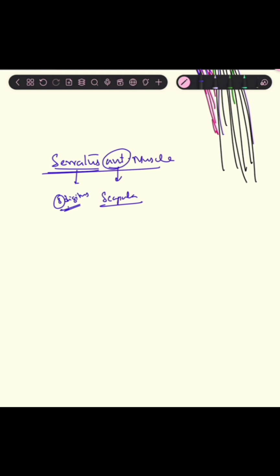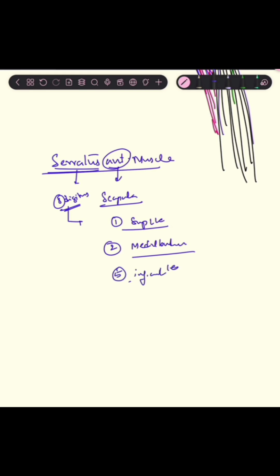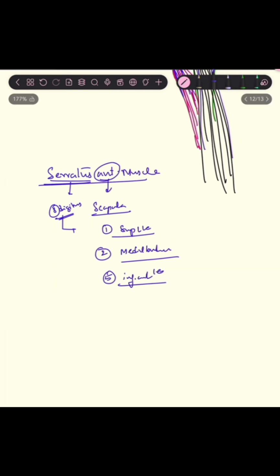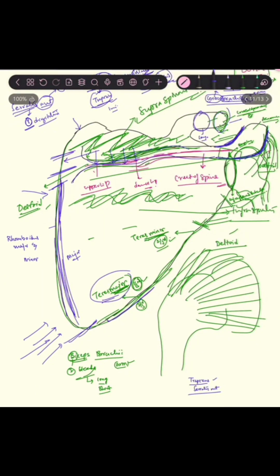These 8 digitations are 1 digitation to the superior angle, 2 digitations at the medial border, and 5 digitations at the inferior angle. Totally 8 digitations. This is what the muscles which are inserted and taking their origin.